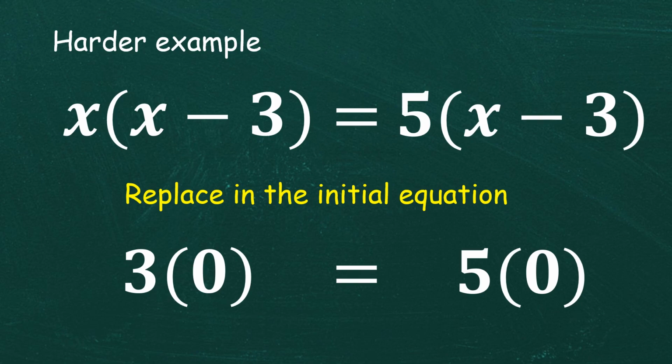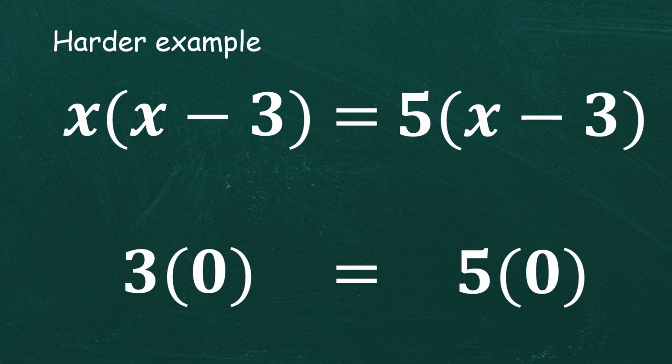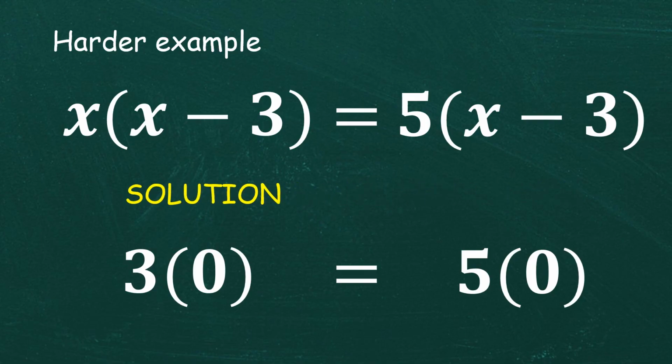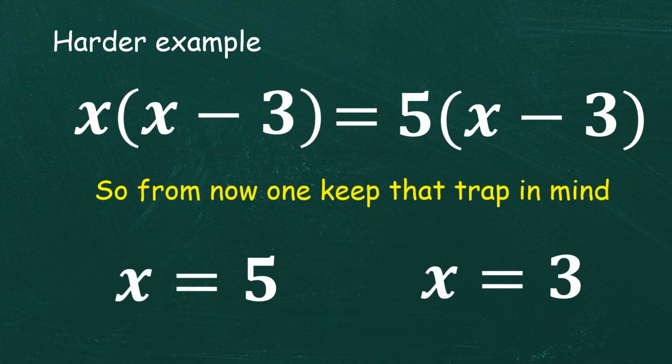That becomes 5 multiplied by 0, which is also 0. So the equation becomes 0 equals 0. It works. Once again, cancelling an expression too quickly would have hidden a perfectly valid solution. The complete answer is therefore x equals 5 or x equals 3.